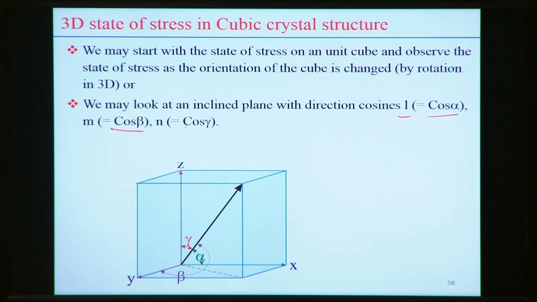Similarly cos beta is the direction cosine M, and cos gamma is the direction cosine N. So the stress state can be explained simply by observation in the cubic structure, or by analyzing the different direction cosines, and we can further analyze these things.